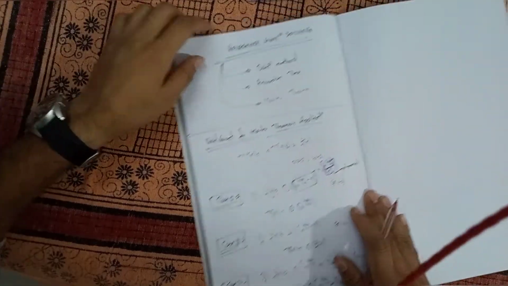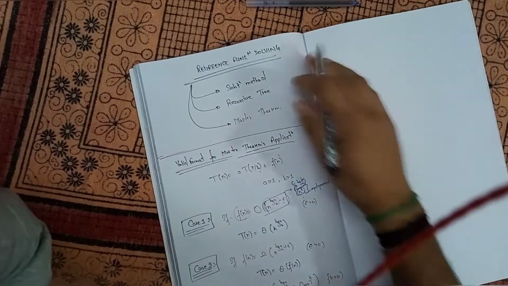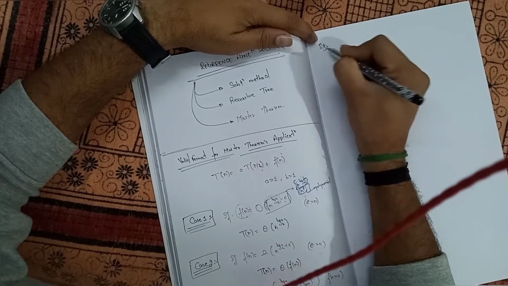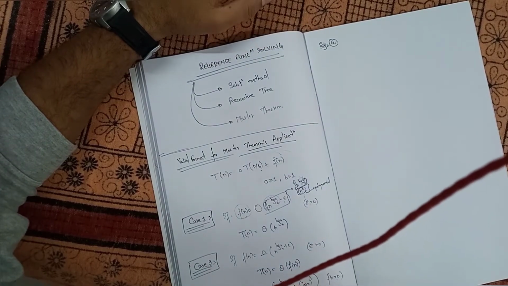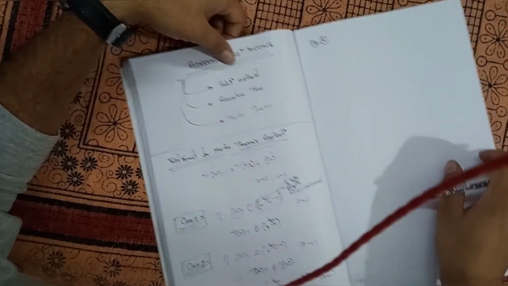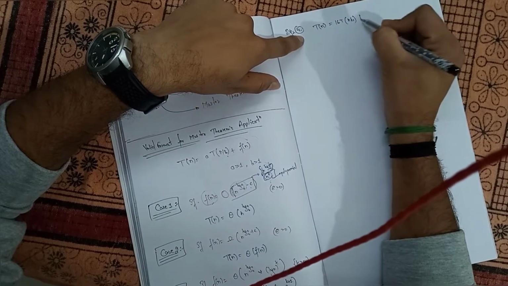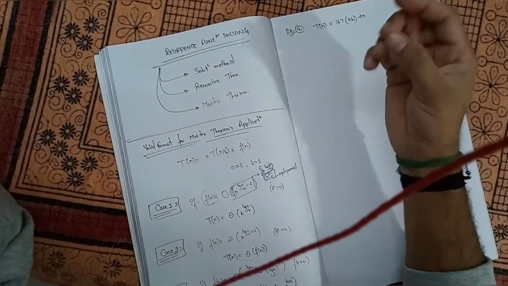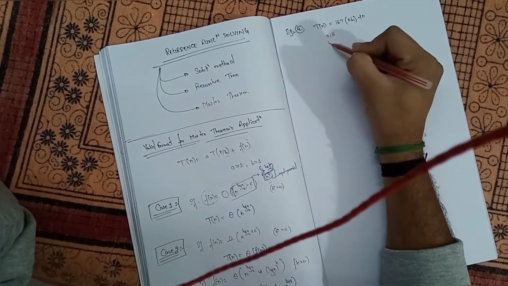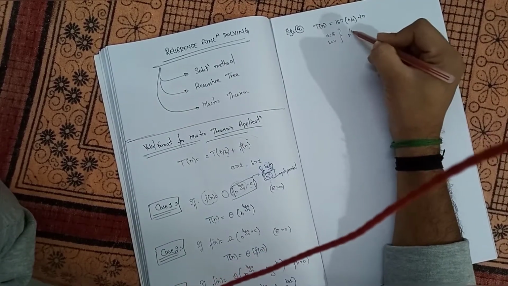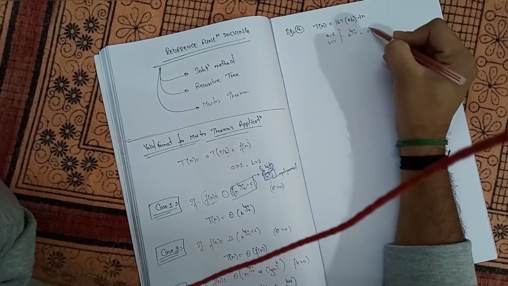Okay, now let us take example number 4. I am given T of n is equal to 16 T of n by 4 plus n. And how will I approach it? I can see a is equal to 16, b is equal to 4. This implies n raised to the power log a base b is equal to n square.